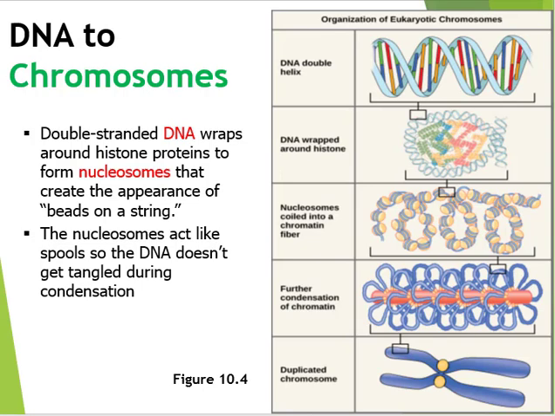And then the nucleosomes are coiled around even more in this middle box, and then further condensation of the chromosome to finally have this X-looking structure at the bottom. That's very characteristic for the packaging of DNA as it becomes condensed and ultimately packaged into a chromosome. They usually take on a little X-like structure.